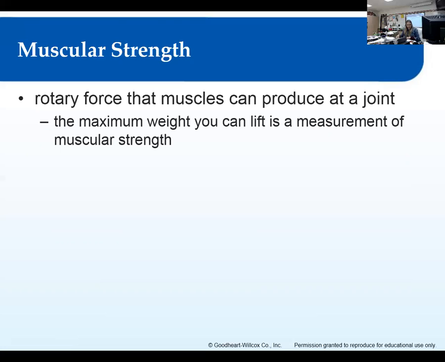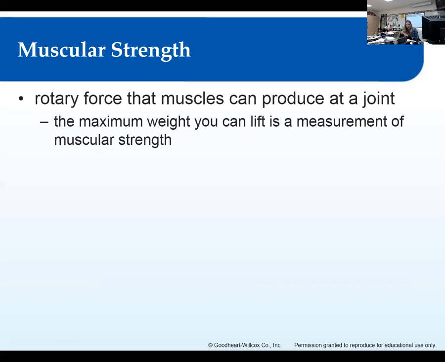Okay, good. Okay, muscular power. It's a variable that does involve speed. So when you're looking at your strength, you're not necessarily talking about speed, right? If you're trying to lift as heavy a weight as you can, you're trying to max out, you're not doing a bunch of reps. But power includes speed with it.